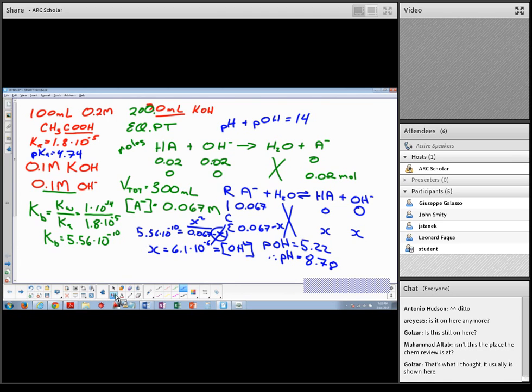Okay. So this is the equivalence point, right? All my acid's been neutralized. So why is my pH greater than 7? Because it was a weak acid. Okay, and because it's a weak acid, what's that telling me about its conjugate base?